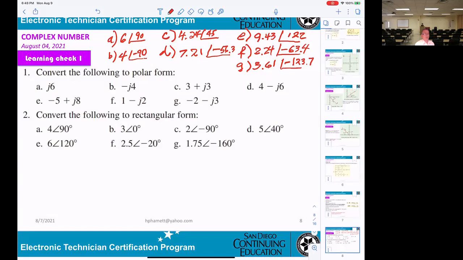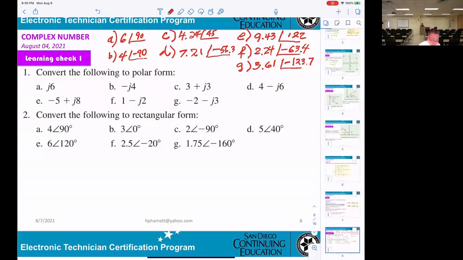So for the rectangular, you need to calculate A and B, and also know to put the J. The answer of A is J4.